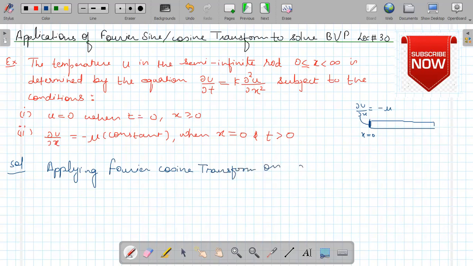on the given equation del U by del T equals K del 2U over del X square.